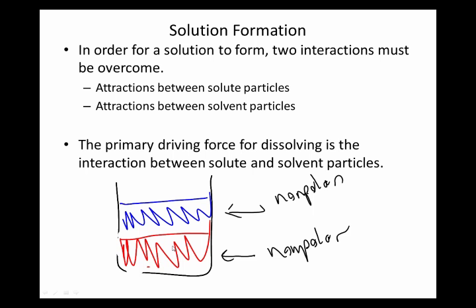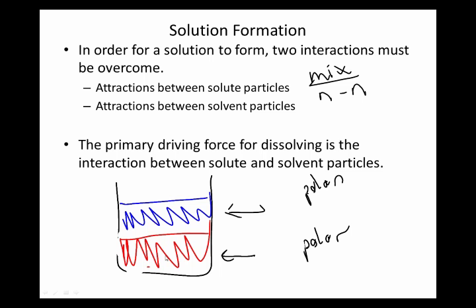So combinations that mix are nonpolar, right? That's one of them. Let's say that they're both polar. Well, how hard is it to pull apart the molecules of a polar substance? It's a lot harder. You have to pull this substance apart, and it's really hard.